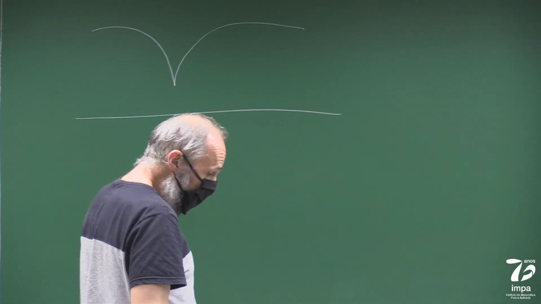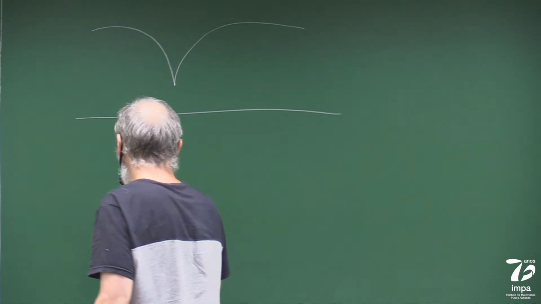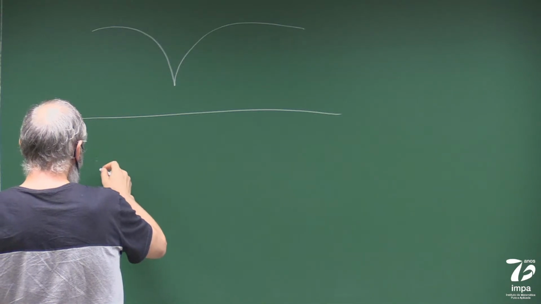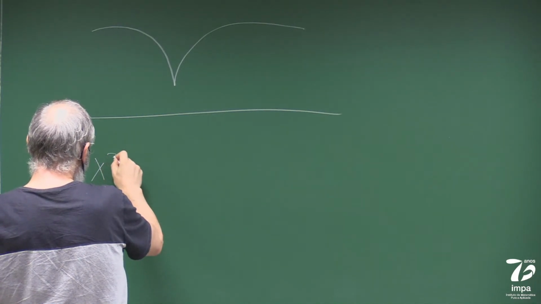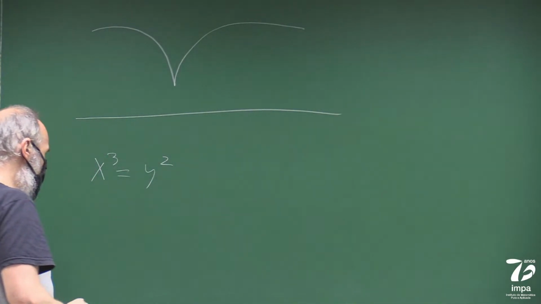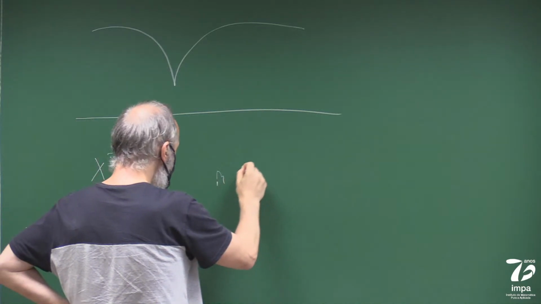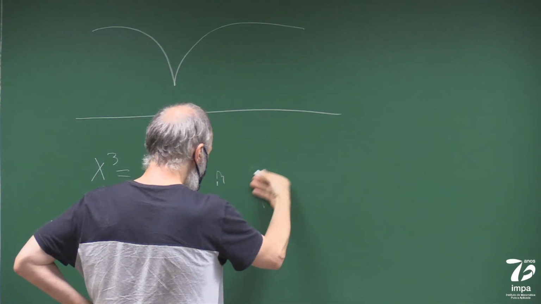So suppose we have, say, a plane curve. For instance, it can be given by the equation x cubed is equal to y squared in C2.